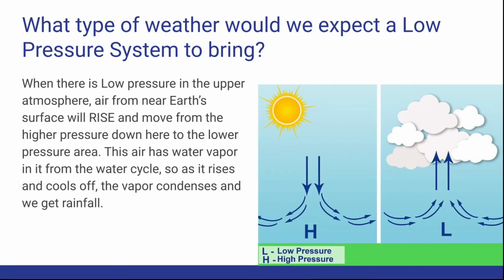Again, it is going to rise because it's looking for that lower pressure area, which in a low pressure system is up in the atmosphere. So our surface air rises up into the upper atmosphere, into that lower pressure area. So again, you always got to remember, air is always going to move from areas of higher pressure to areas of lower pressure.